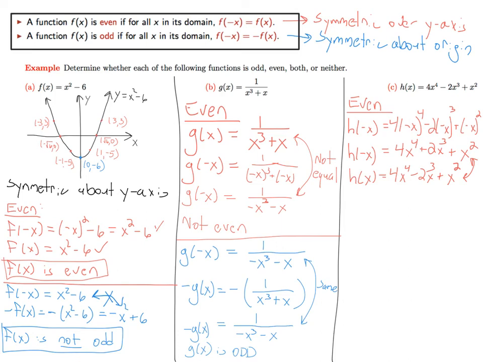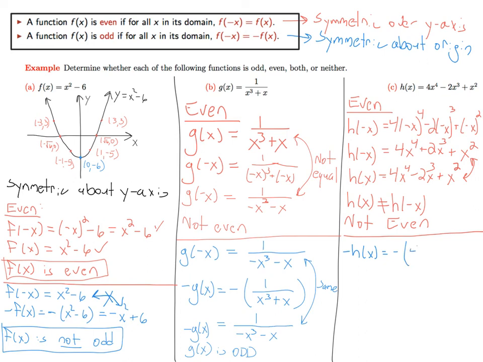So h of x is not equal to h of minus x. So this is not even. And to determine whether the function is odd, I want to look at what I get when I take h of x and multiply by minus 1.